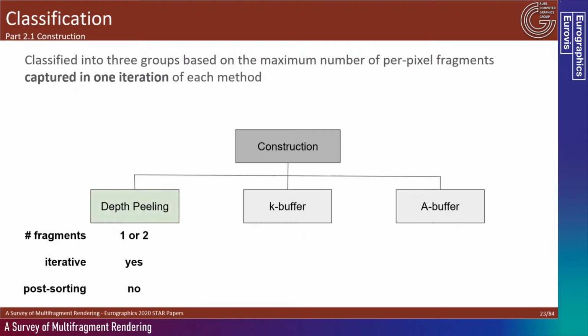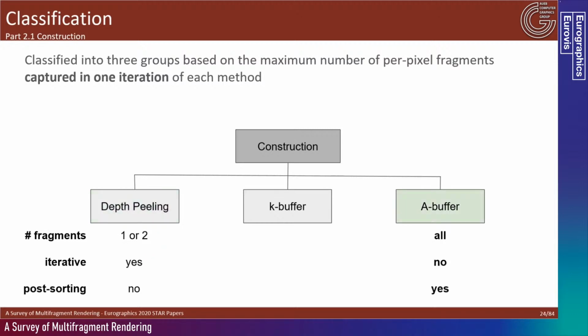First of all, depth peeling methods process all fragment information through an iterative pipeline using few and bounded memory resources. And depending on the technique used, each iteration uses one geometry pass and is able to extract a limited number of fragments, like one or two, with guaranteed depth order, which actually means that sorting happens implicitly in these methods.